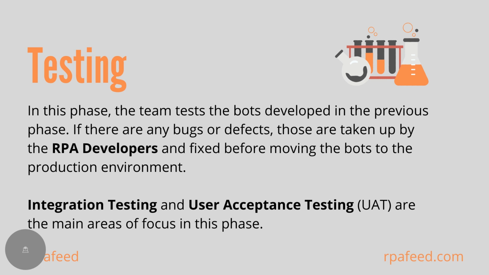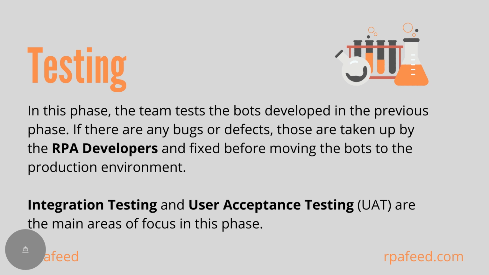In this phase, the teams test the bots which were developed in the development phase. In the development phase also, the RPA developers do unit testing or module level testing, but the entire testing is not done. So that is done in the testing phase. Once you have developed all the modules, this is the phase where you will be integrating and testing.